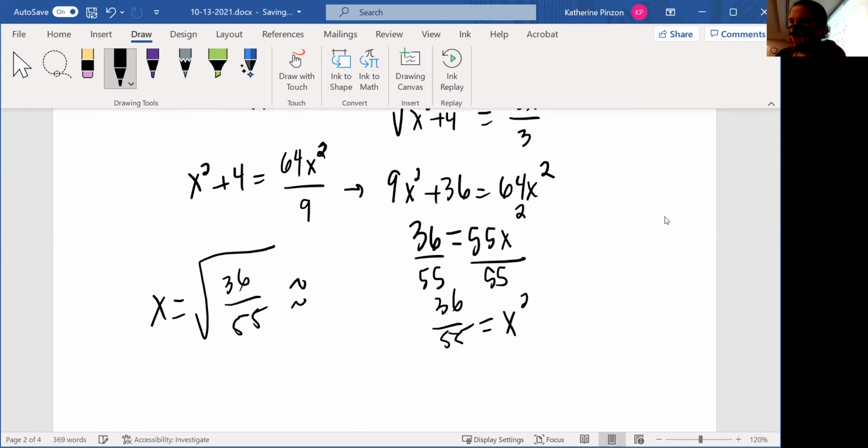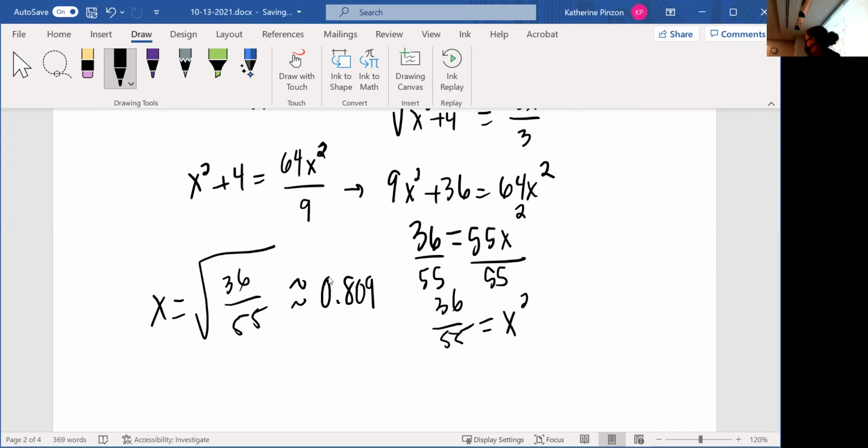Do I need the negative square root? Because, yeah, remember my domain was that x had to be a positive number, right? So I don't need the negative square root. Square root 36 over 55. I got 0.809.